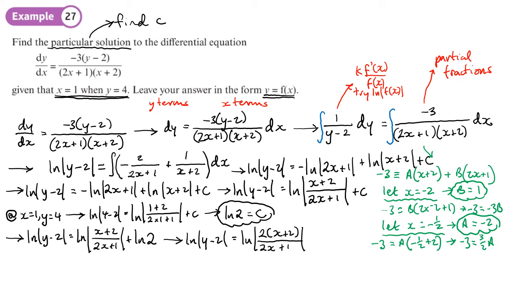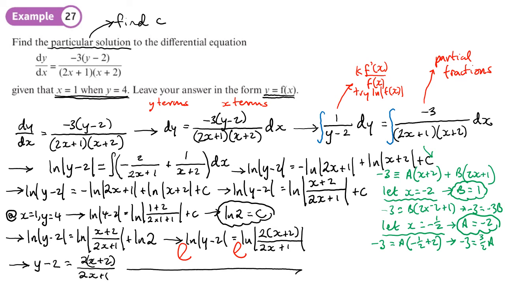Okay, so the value of c has gone in there, and then from there we can raise both sides to the power of e. Let's put some work in over here. So we have y minus 2 equals 2x plus 2 over 2x plus 1, and then the last step is just adding 2 to both sides.